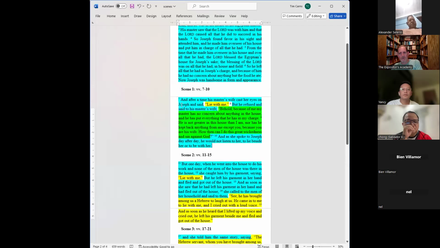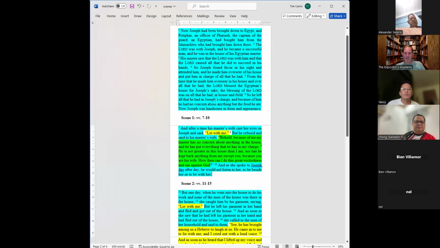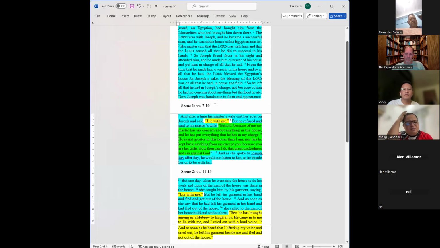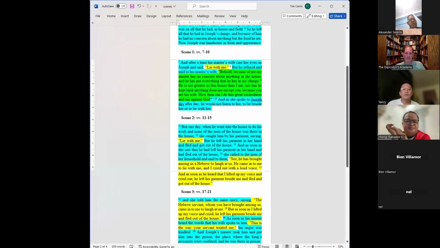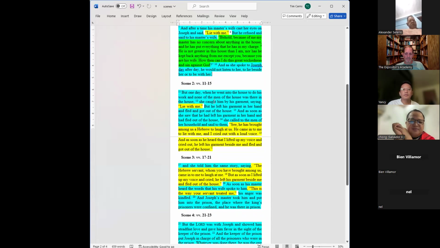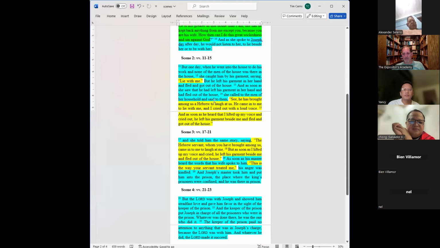I took the story and colored it, where the blue highlighting is the narrator comments. The green highlights are Joseph's statements. The yellow highlights are Potiphar's wife. Now you notice something interesting here, right?